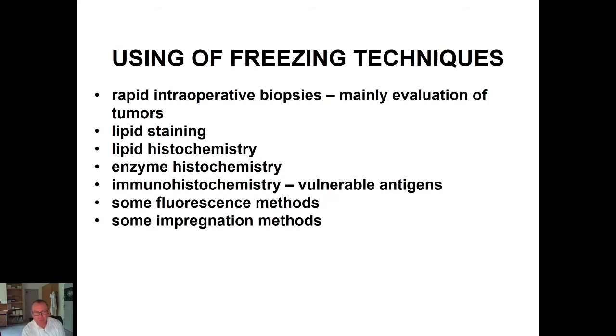You already know probably that lipid droplets are dissolved during paraffin techniques, and if we want to see lipids and stain lipids inside, we have to use freezing methods, and there are some other reasons for freezing. So freezing is used, and that's why special microtomes for freezing specimens were developed, like cryostat and freezing microtomes.